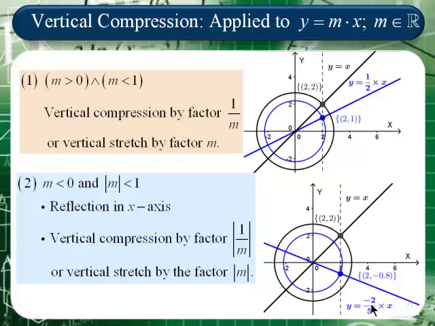So it's a vertical stretch by the factor 2 over 5, while it's a vertical compression by the factor 5 over 2. So you compress it 2.5 times.